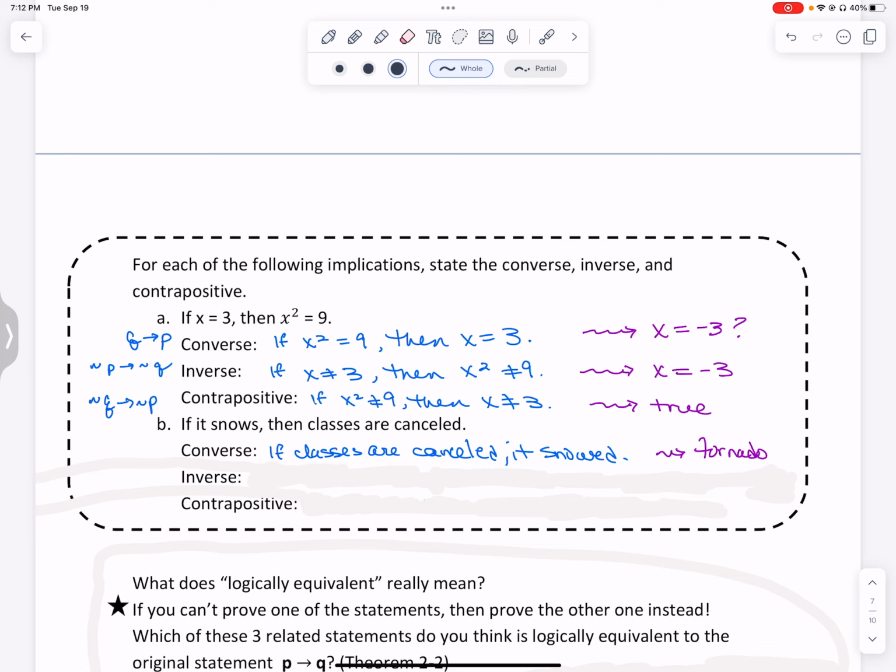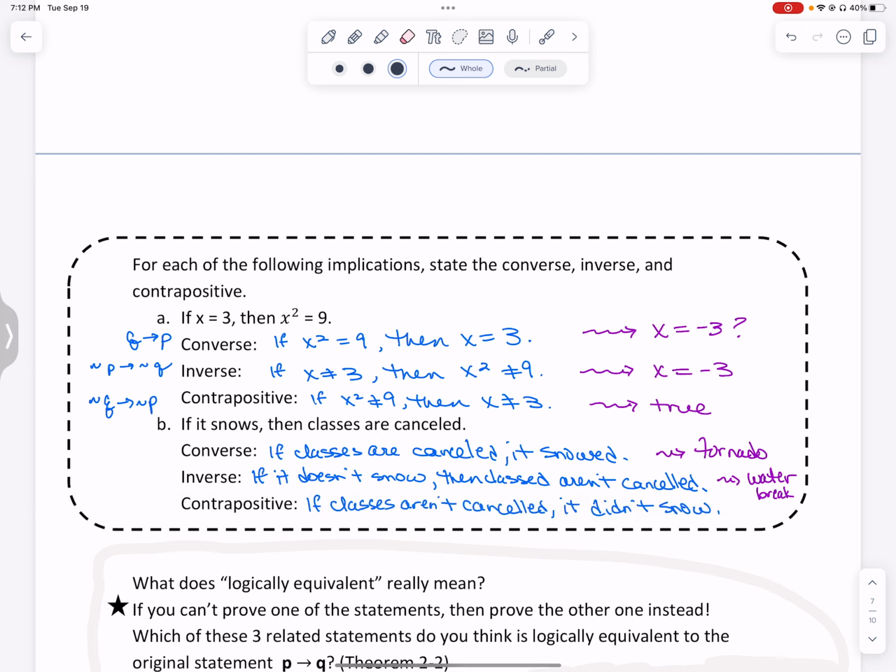So let's do the inverse. The inverse is not P, then not Q. So that says if it doesn't snow, then classes aren't canceled. Well, we've had classes canceled, tornado, water main break, all kinds of stuff where it didn't snow, but classes were canceled. Okay, contrapositive.